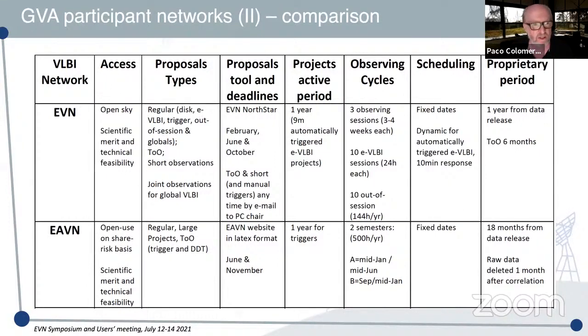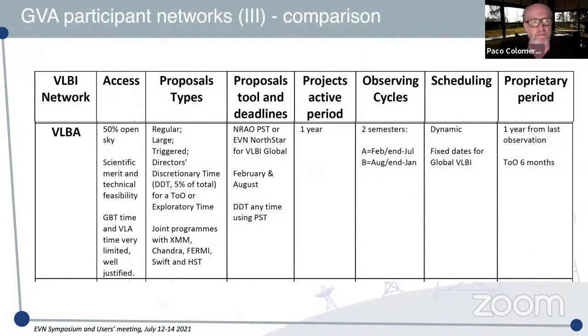So you have here the best things of each. The best things of the EVN possibly are, as we said yesterday, the high resolution due to the long baselines and sensitivity due to the big dishes. But for example, the VLBA would be better for high cadence observations because it observes continuously.